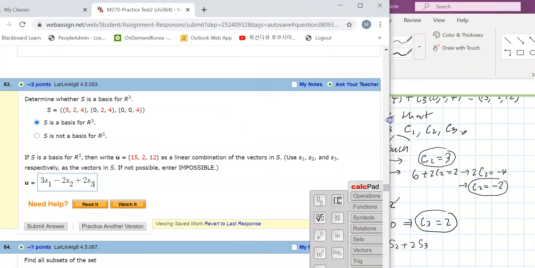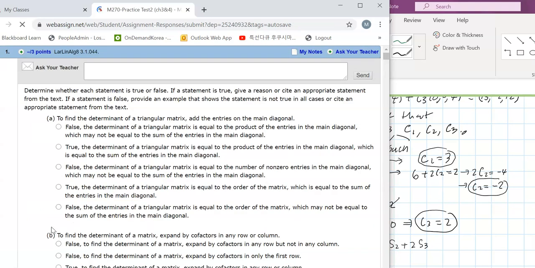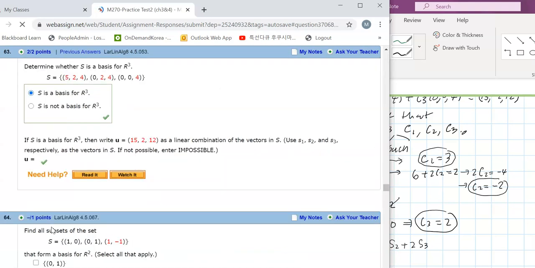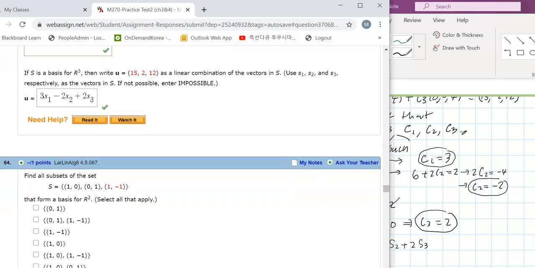S1, S2, S3. Okay, so that's out of the way. And then the rest of it, I think, are the same.